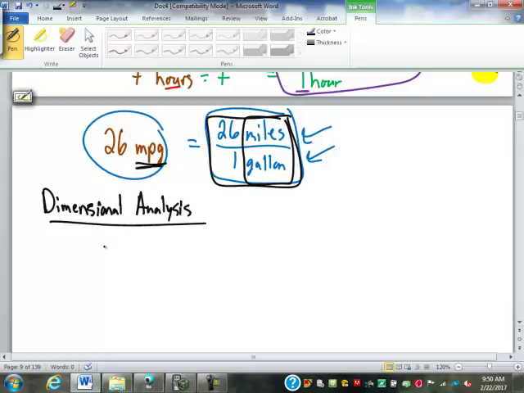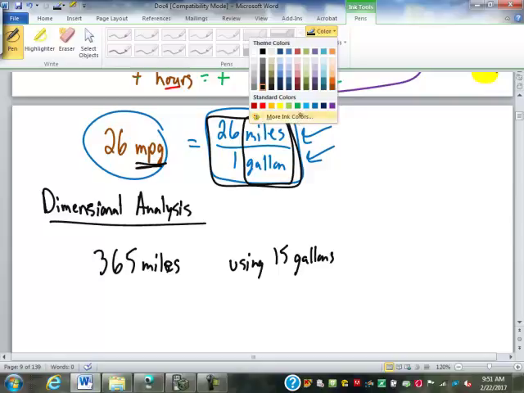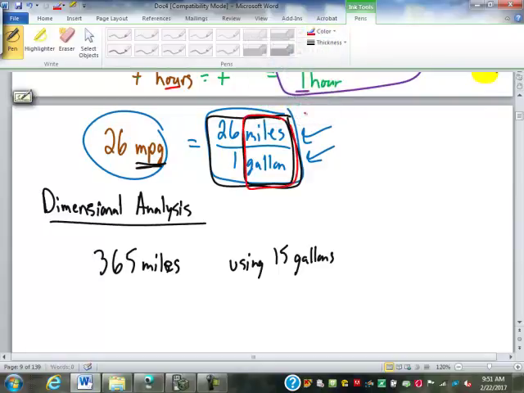So let's say you drive that 365 miles still, and let's say you use 15 gallons of gas. Well, the miles per gallon is telling you that the miles have to go on top.